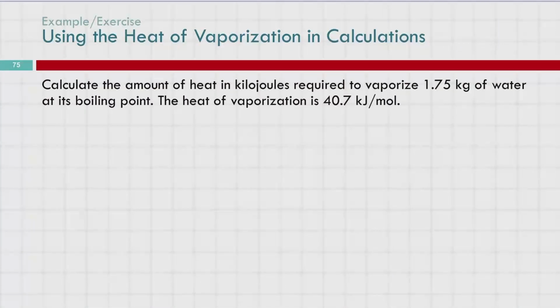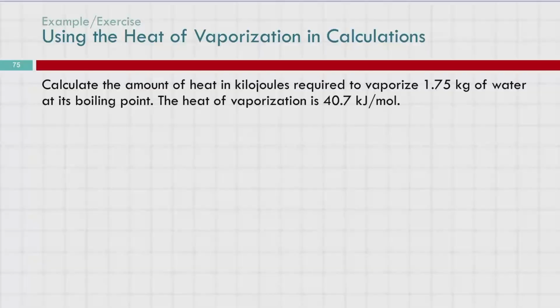Calculate for me, please, the heat in kilojoules required to vaporize 1.75 kilograms of water at its boiling point. The heat of vaporization at the boiling point is 40.7 kilojoules per mole. All right.